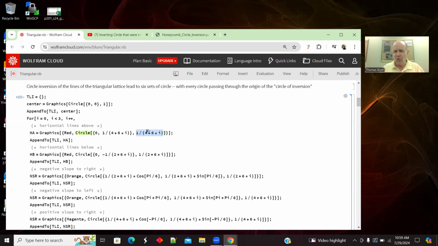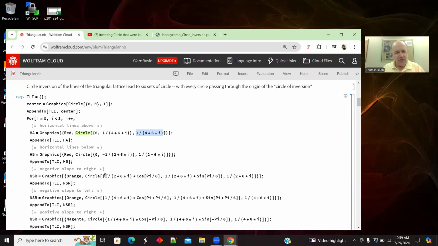So it was 1/4 and then 1/10 and 1/16. The horizontal lines below had radii of 1 plus 2 plus, so this was 2 and 8 and 14, I guess.